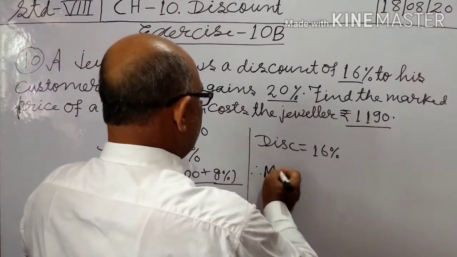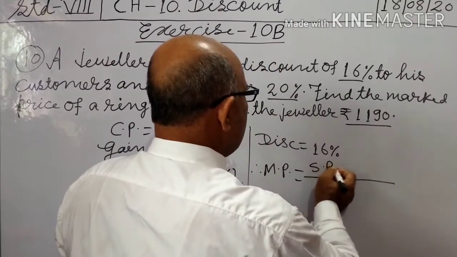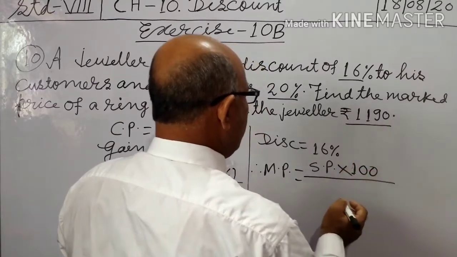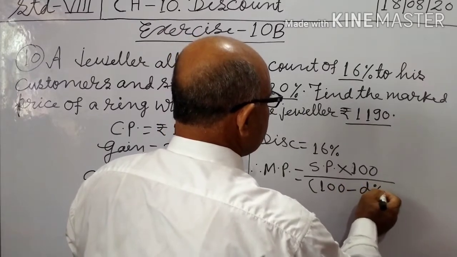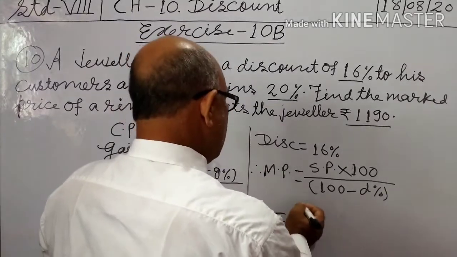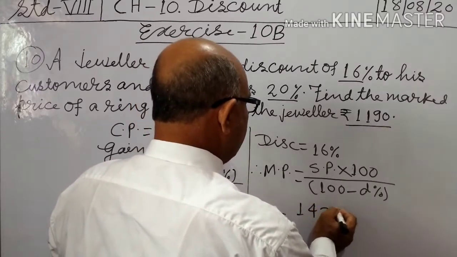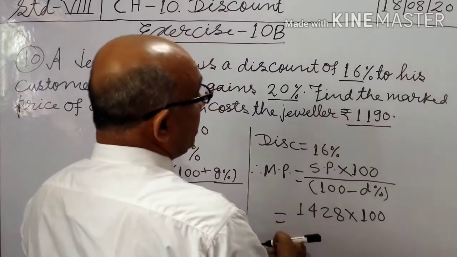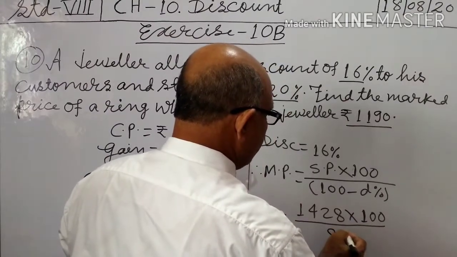So MP equal to SP into 100 by 100 minus discount percent, equal to SP 1428 into 100 by 100 minus 16%. 100 minus 16, 84.